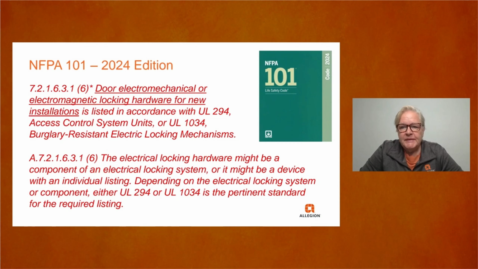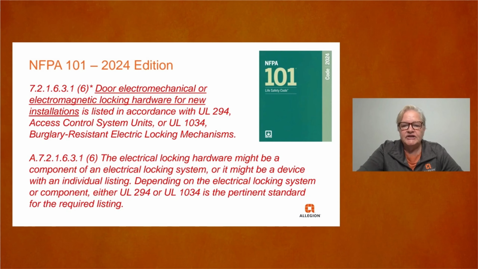A similar change has been made to NFPA 101, which is the Life Safety Code. Again, this is the section for door hardware release of electrically locked egress door assemblies. Nobody ever said it was easy, but in this section, it's the same, usually a mag lock released by a switch in the door mounted hardware. That's the key. Like the I codes, this section references the electromechanical or electromagnetic locking hardware, but it specifies that this applies to new installations, which is a little bit different from the IBC and the IFC.